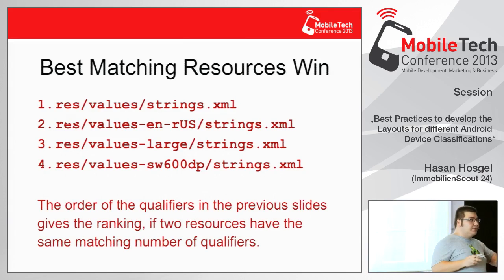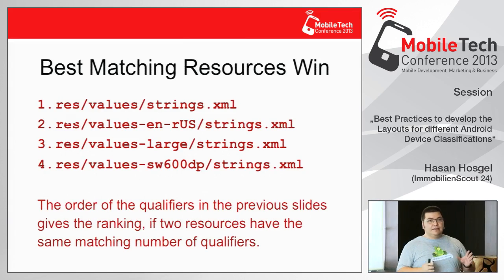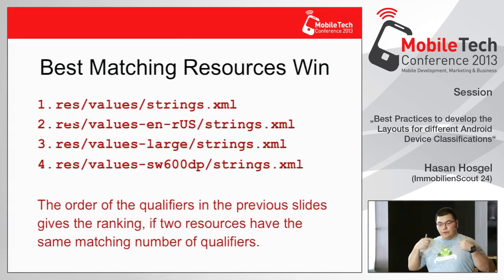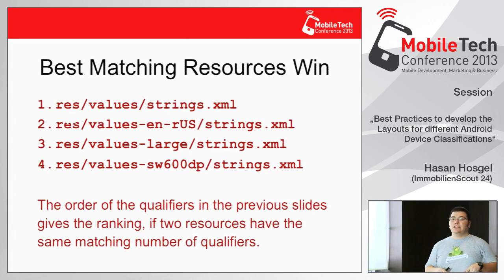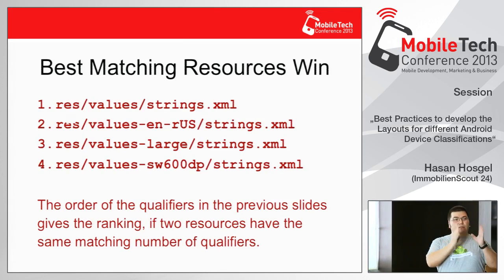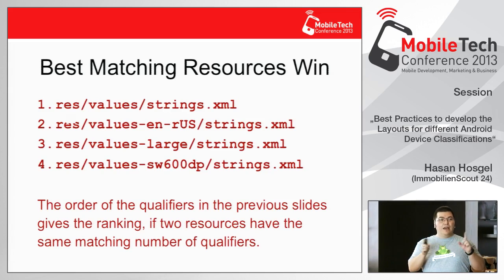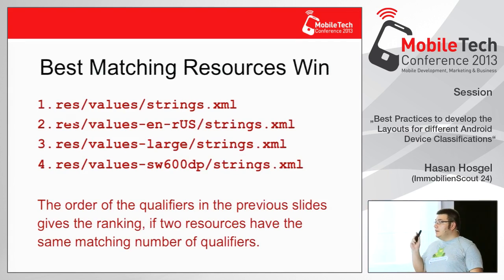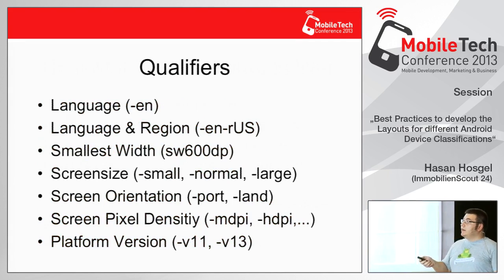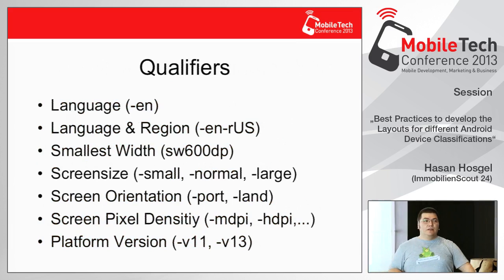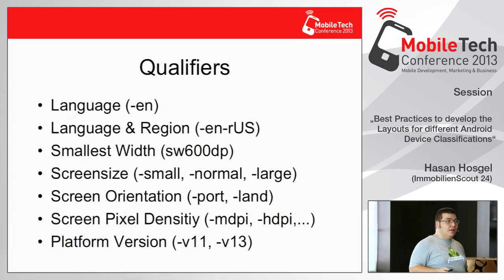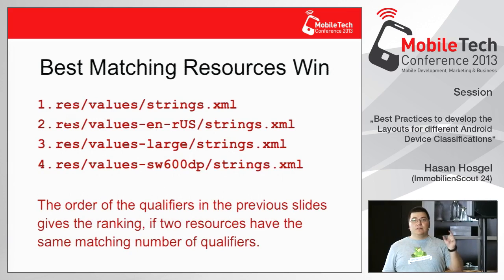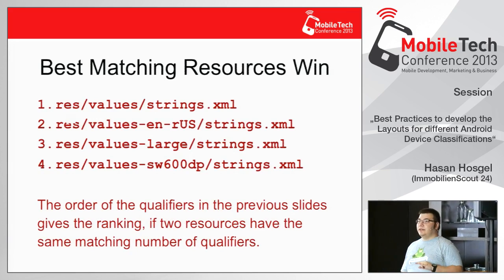That means if you have different qualifiers, depending on the device configuration, they look at the qualifiers and look how many match the device configuration. The highest number of the matching wins. And the previous slide shows the ranking of the whole qualifiers which you can use if you have the same number of matching qualifiers.